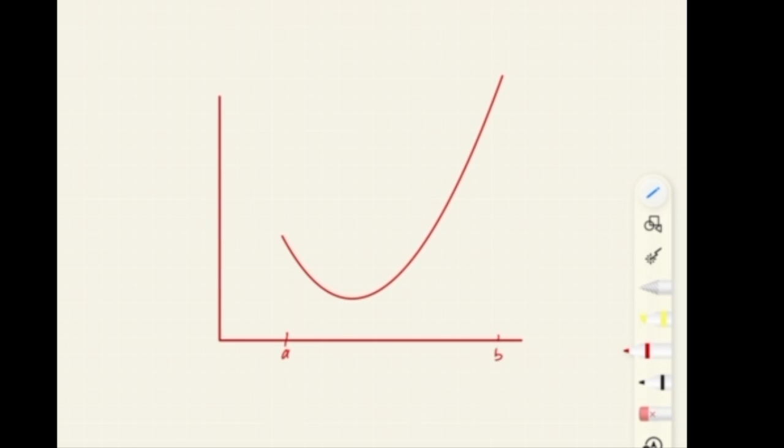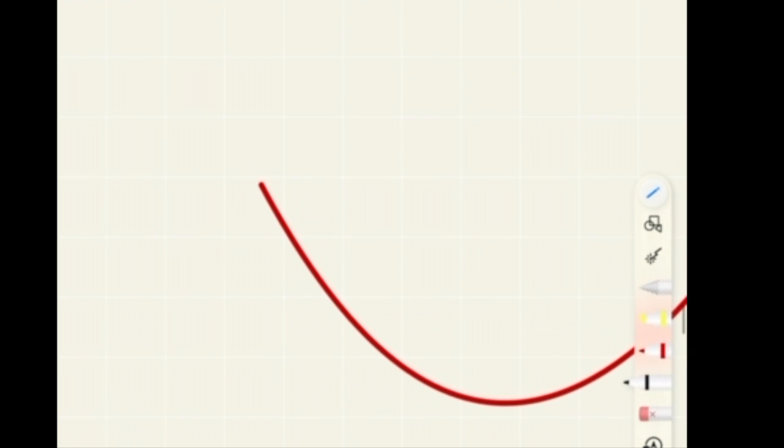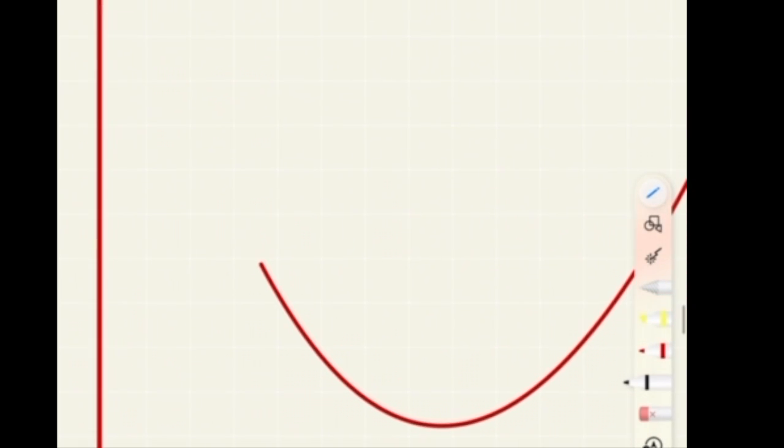Now, as is often the case in calculus, it's easier to think about the summation, about discretizing this line into small little chunks and adding up those little chunks, and then generalizing to the continuous case.